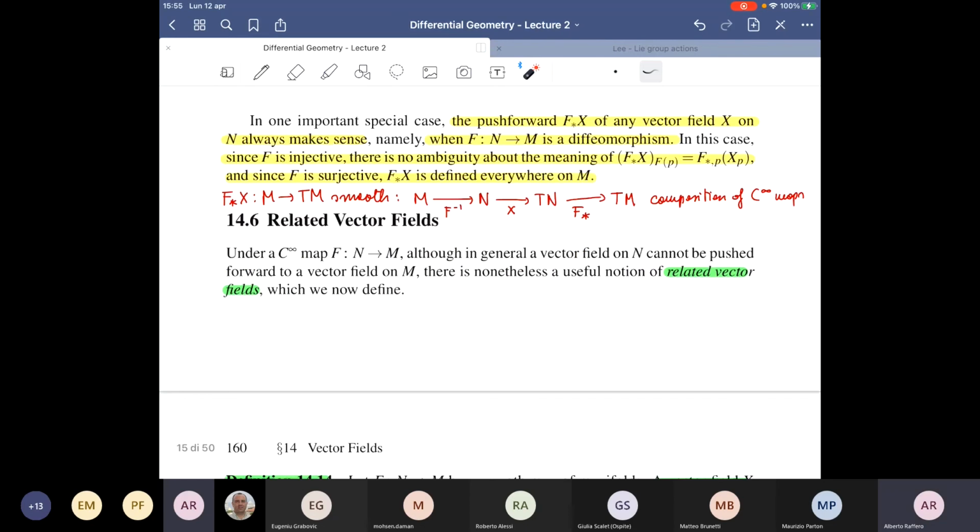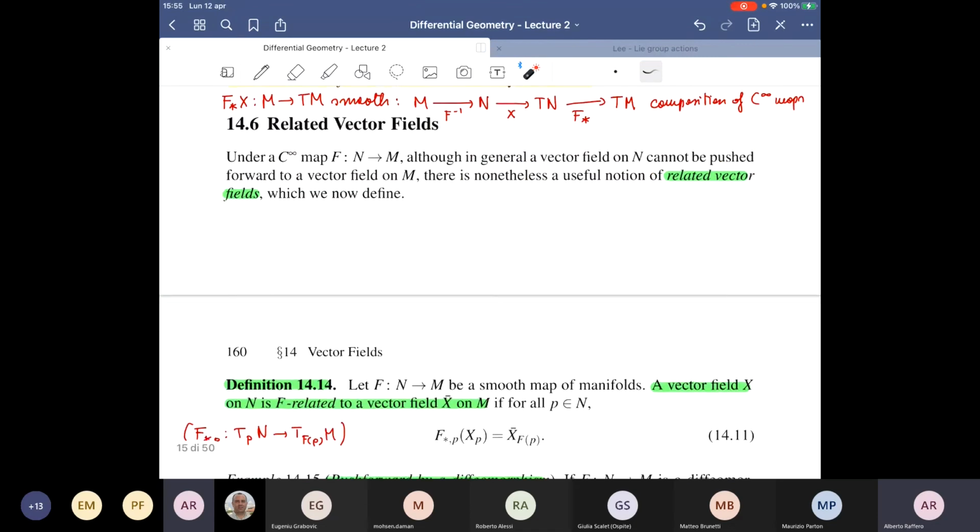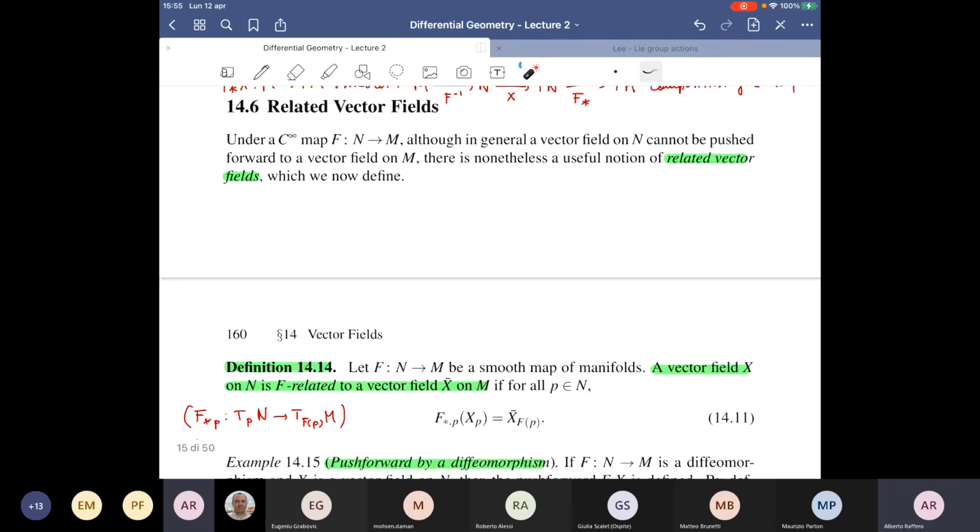And so in particular, this lets you consider this notion of related vector fields. So again, we consider a smooth map between smooth manifolds, and we can introduce the notion of the so-called related vector fields. So what are two related vector fields with respect to a smooth map for us?